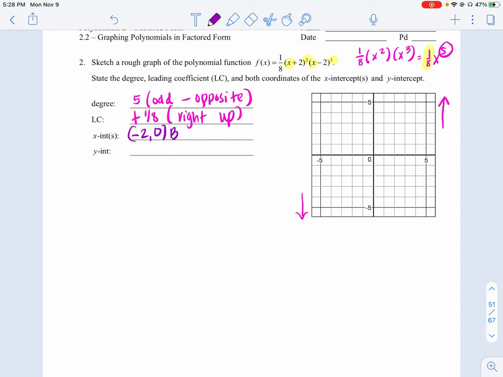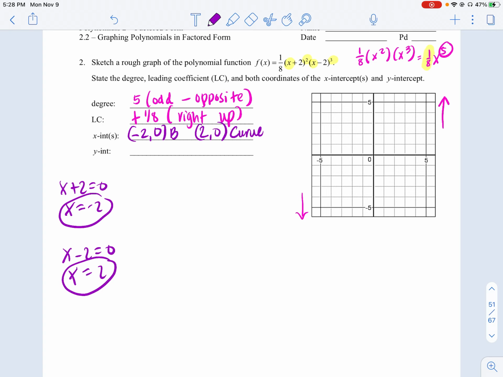And then I have 2, 0, and I'm going to put C for curve, meaning that at that point my graph will be curving. So I will have x plus 2 equals 0, and that's how I get negative 2. And then I have x minus 2 equals 0. That's how I got a positive 2.